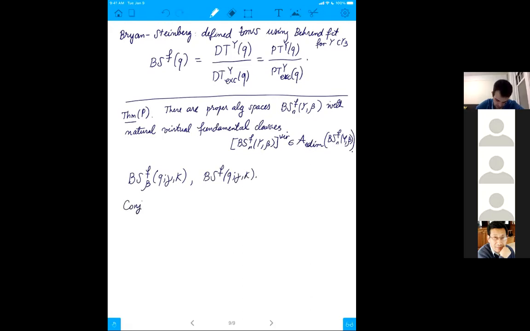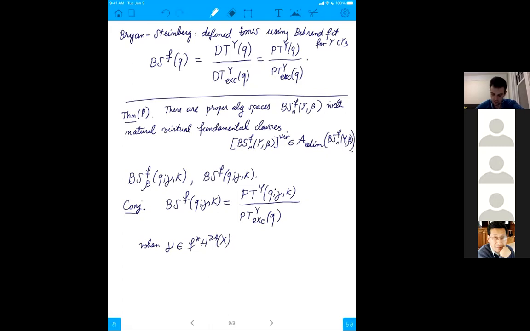And then the conjecture, similar to the Pandharipande-Thomas conjecture, is that BS_F is this ratio of PT_Y(q; gamma) divided by PT_Y exceptional (q) in the following cases, when the insertions are pulled back from X. For simplicity, I'll assume that they are curves or points on X. So in this case, it will be enough to not put insertions in this exceptional PT series. So this is a conjecture similar to the PT conjecture.